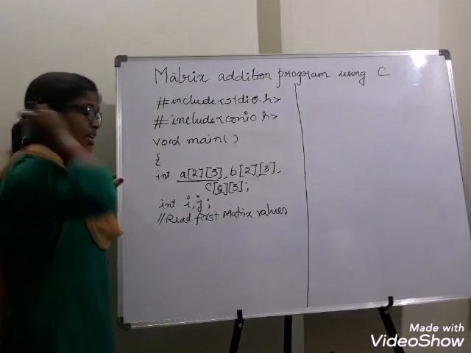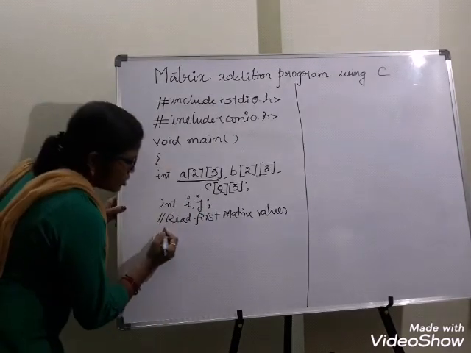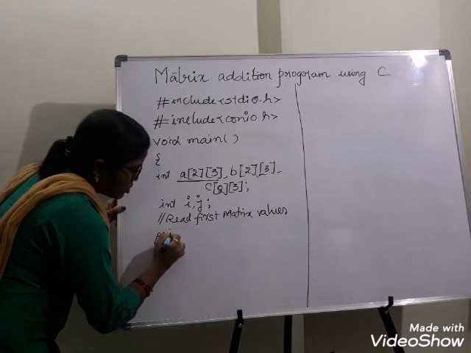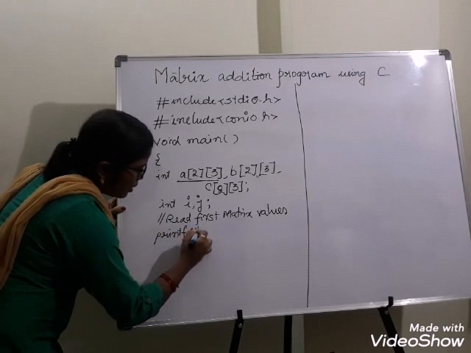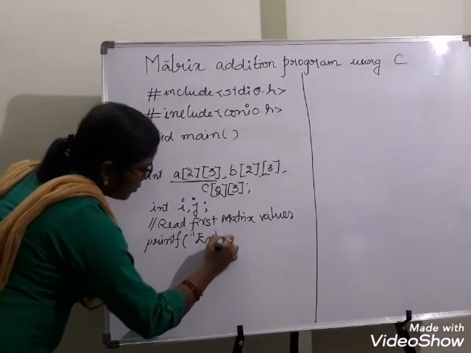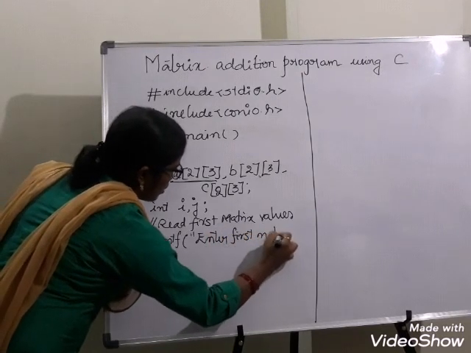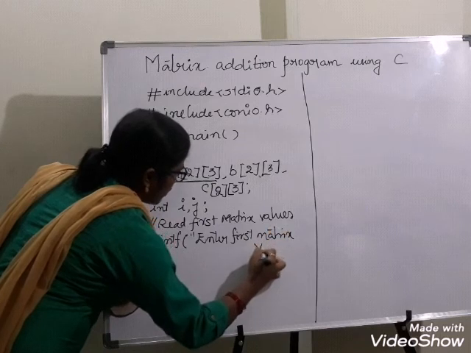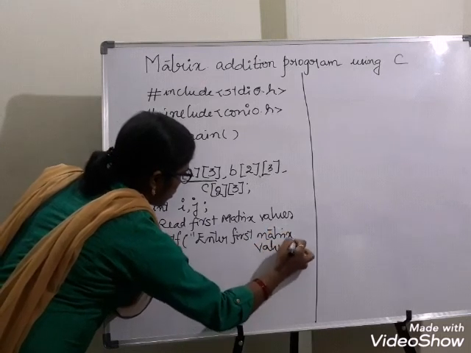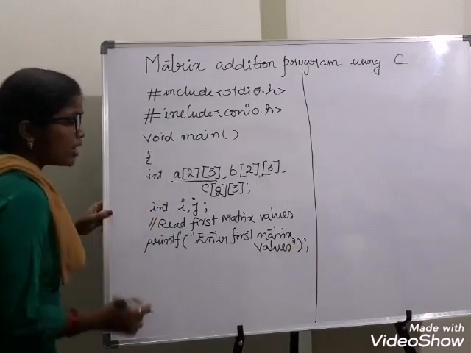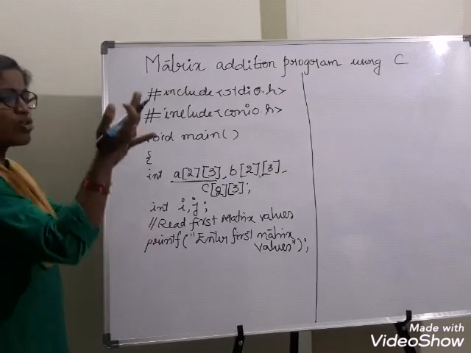Hope you know the need of a comment. Then printf("enter first matrix values"). This displays onto the screen.